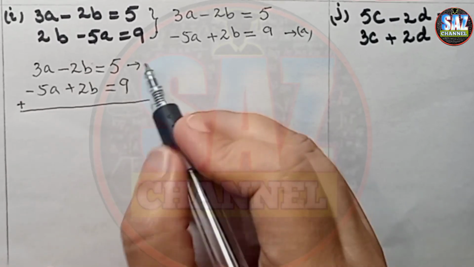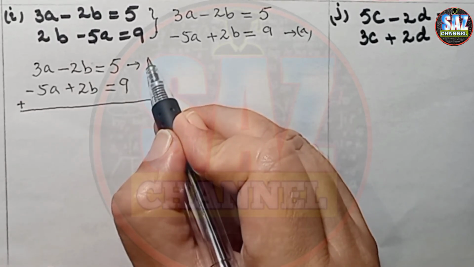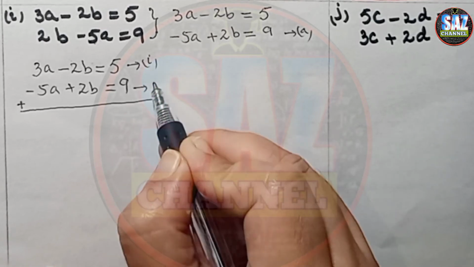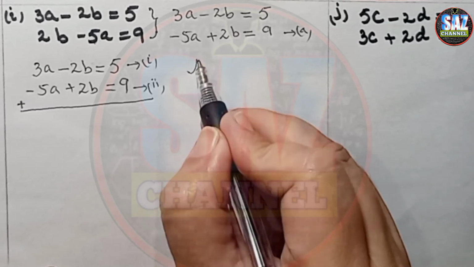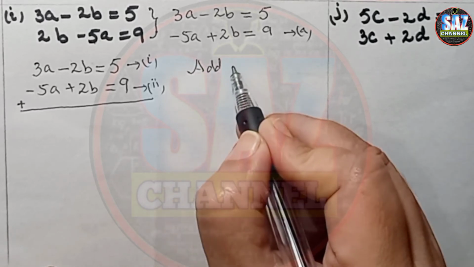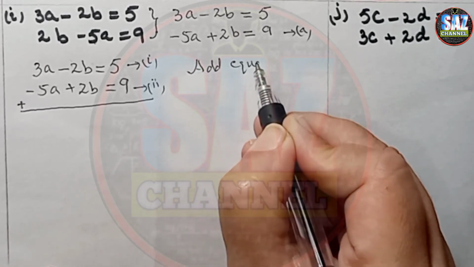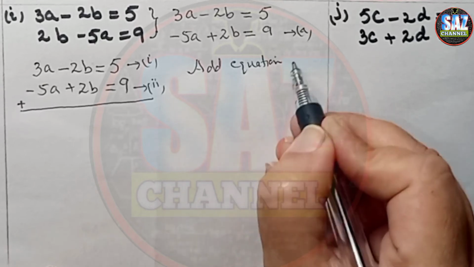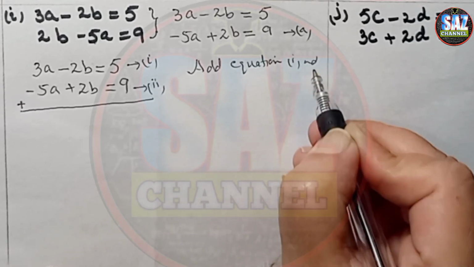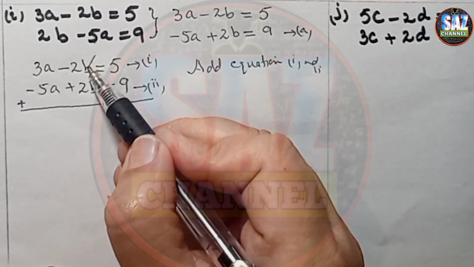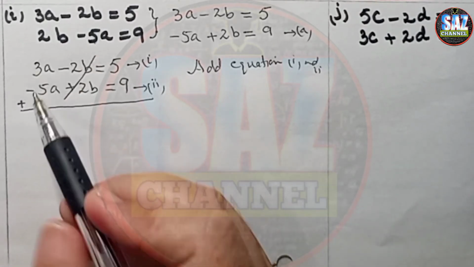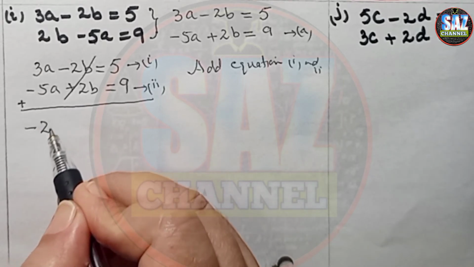Let this be equation 1, and this is equation 2. Add up equations 1 and 2. When I add up equations 1 and 2, I get rid of b, and 3 minus 5 is minus 2.